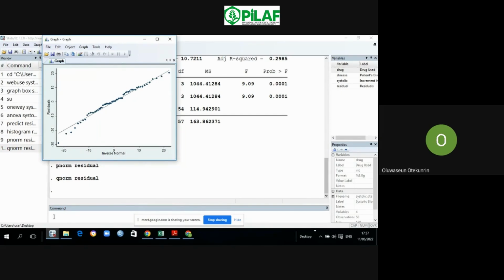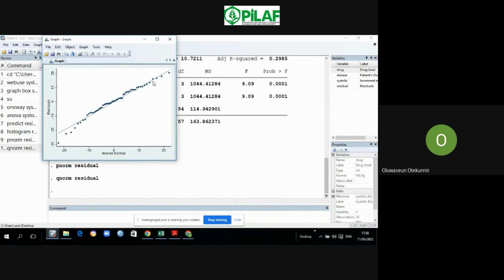If you look at the tails, those values seem to be deviating. You can see one very close to that intersection, standing far away from the others. The others are not aligning to the line. If you check the tails, you see that one, that's the outlier. Then you see others too.